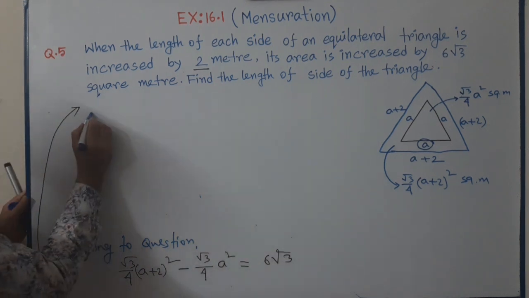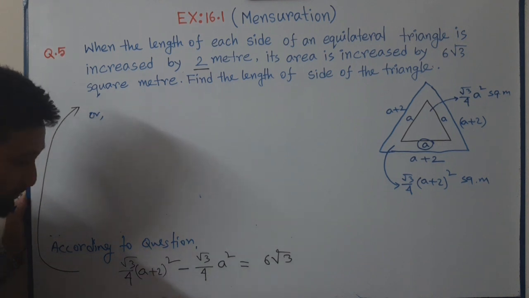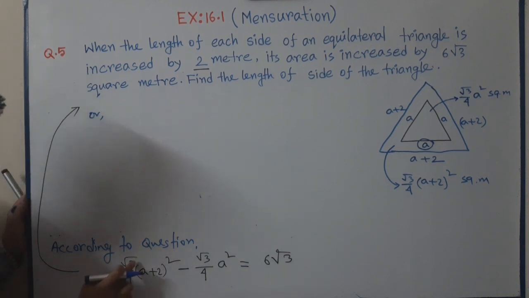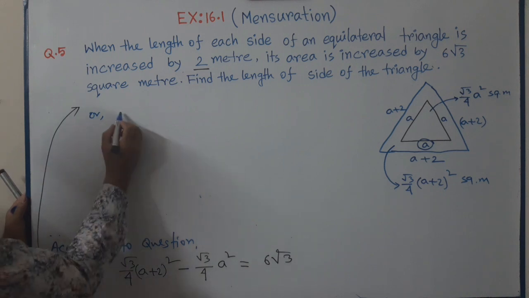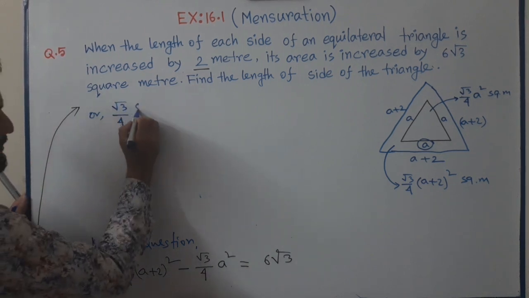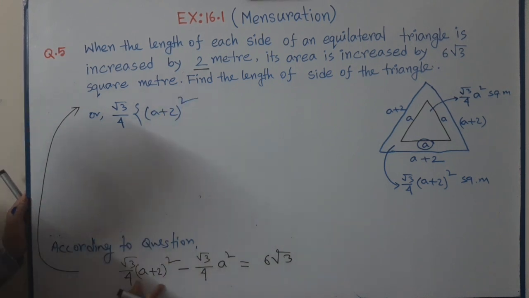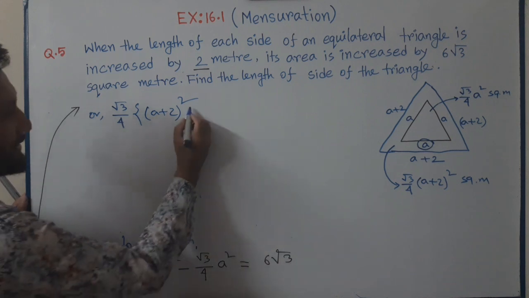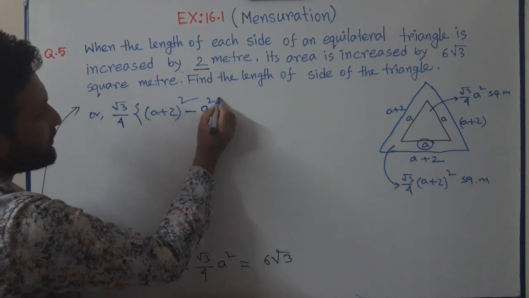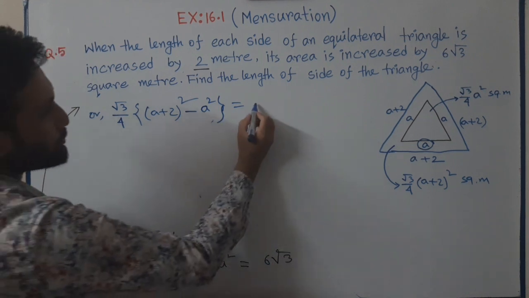On the left-hand side, from both terms we can take common root 3 by 4, then the rest is (A plus 2) squared minus A squared. On the right-hand side, 6 root 3.